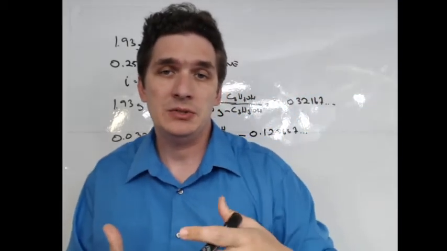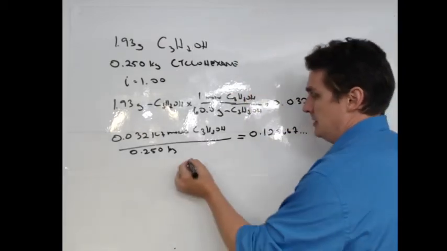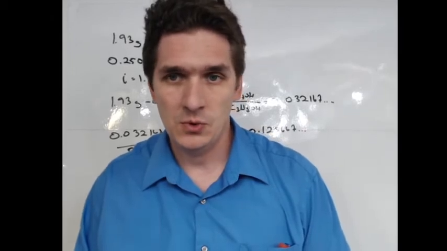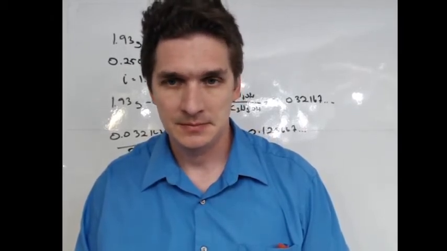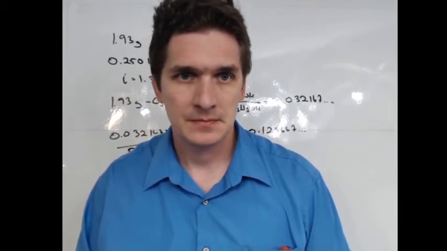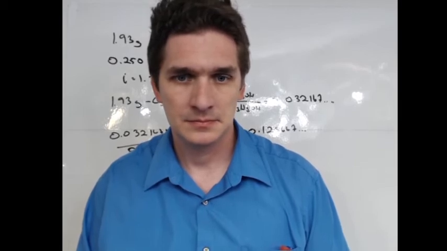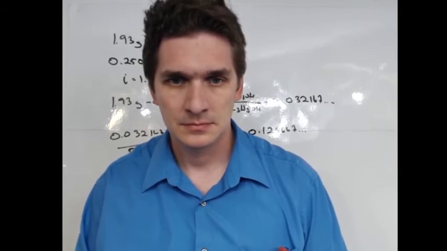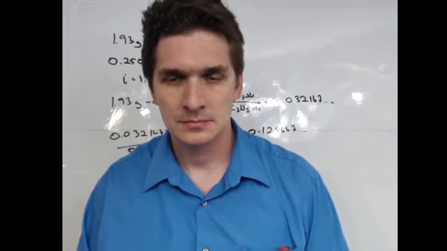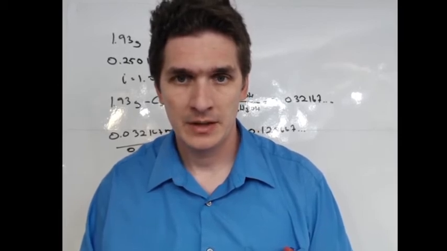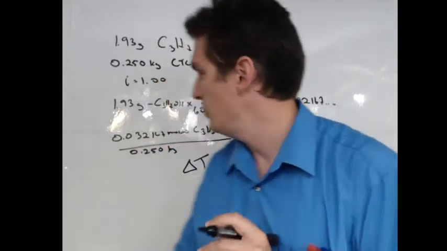Now I'm ready to apply the delta T equals K i m formula. So I have delta T equals K. Now this is asking specifically for the boiling point change, so I bring up my tables. The Kb for cyclohexane here is 2.79.